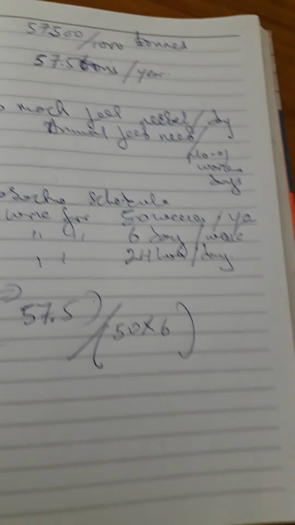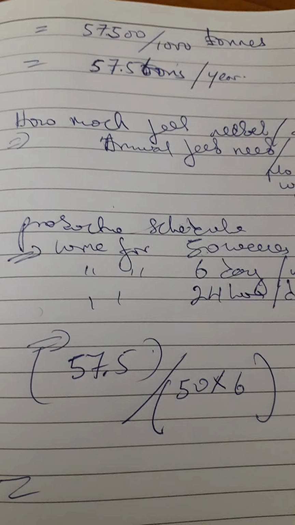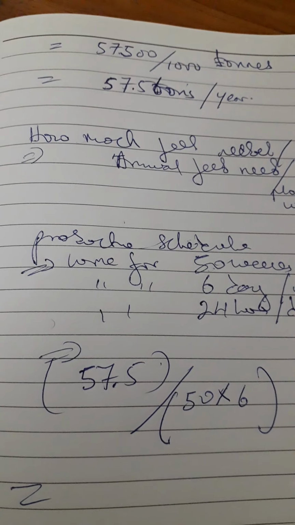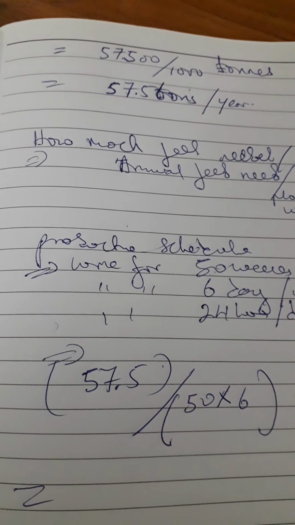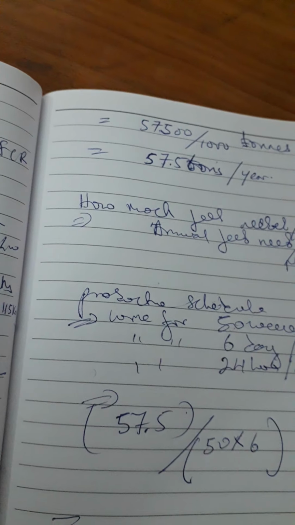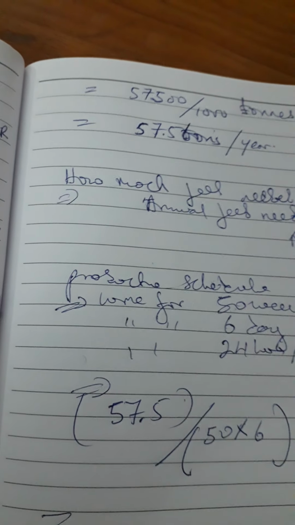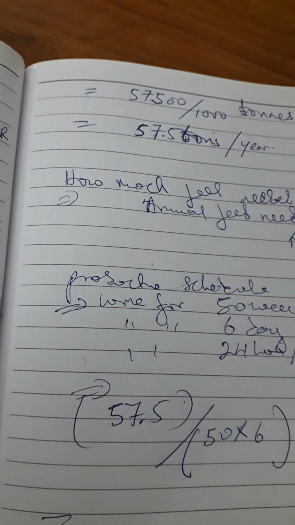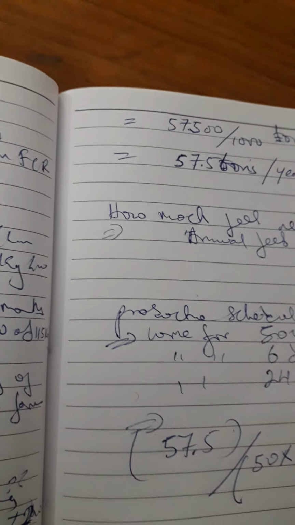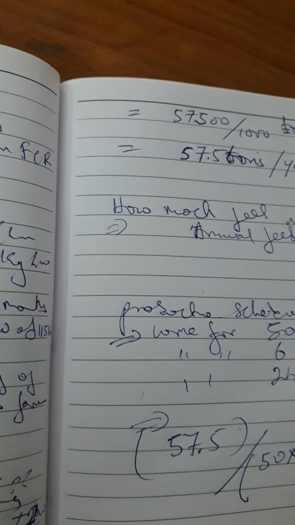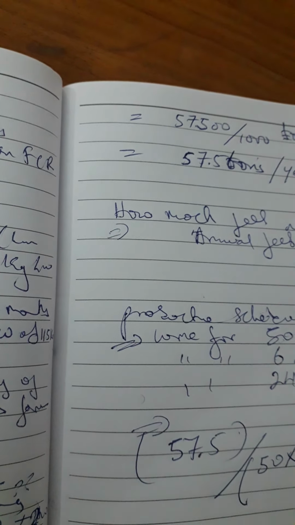So the answer will be 57.5 divided by 50 divided by 6. So this gives you 0.19 tons per day.